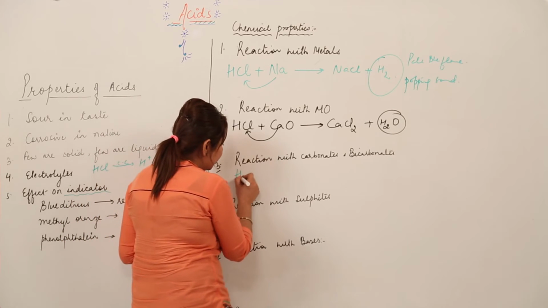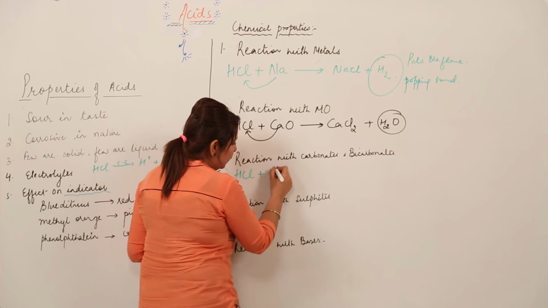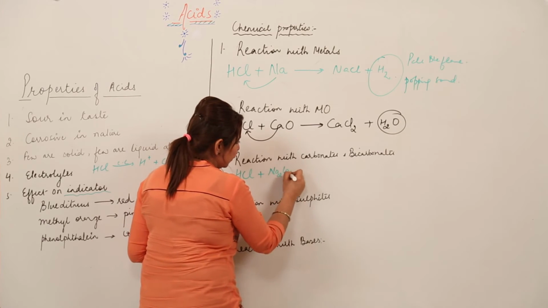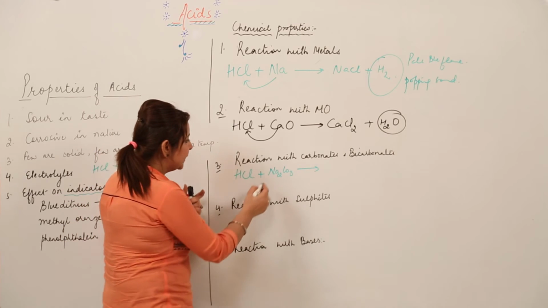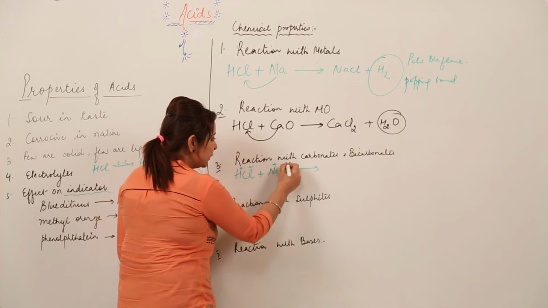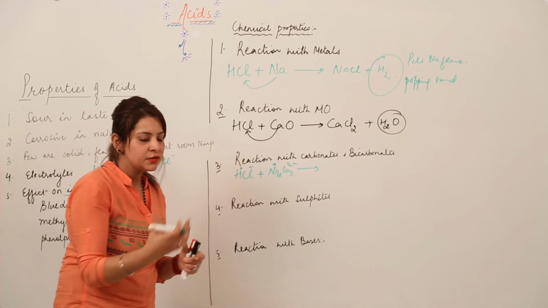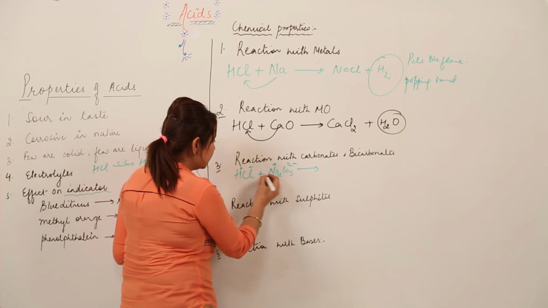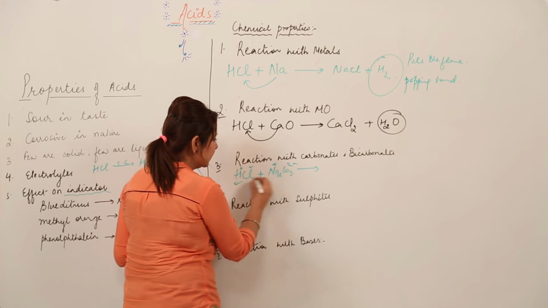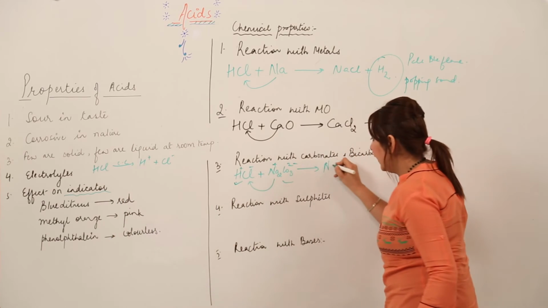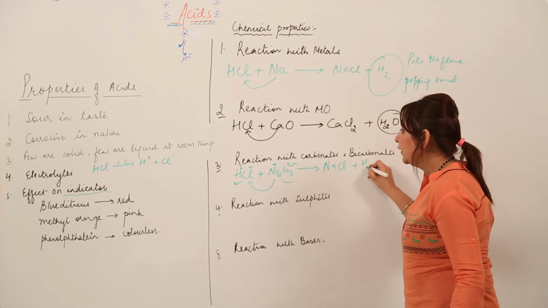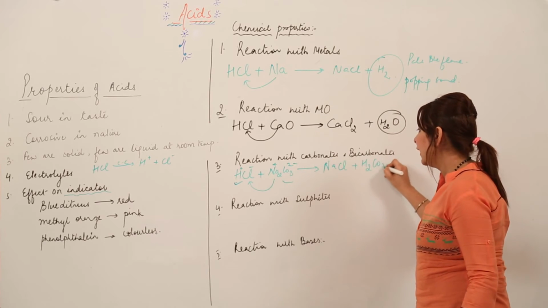Suppose I have the acid HCl again, and the carbonate I choose is Na2CO3. What can you make out from this reaction? I'll just write the valencies, it will be easier for you to just interchange them. You know that the positive one is going to react with this, and these are going to react with this. So obviously we are going to get NaCl, and along with it we get carbonic acid.